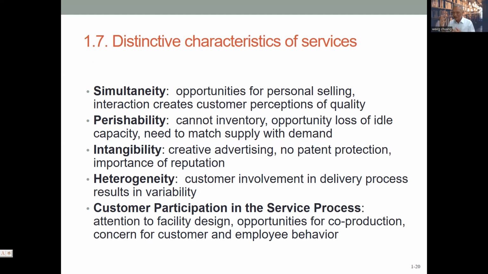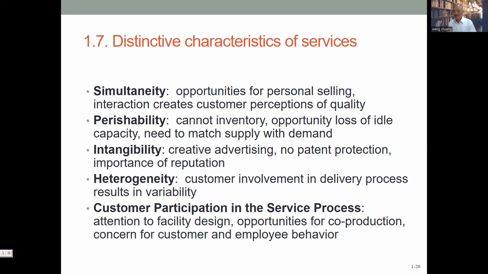Then you can use creative advertising. And since service is hard to be protected by patent, it's important to build and enhance your reputation, to make intangibility more tangible and more physical to the customers.